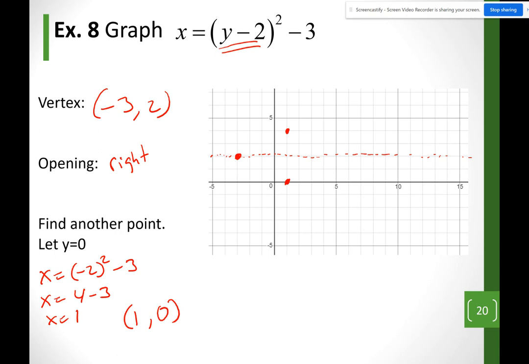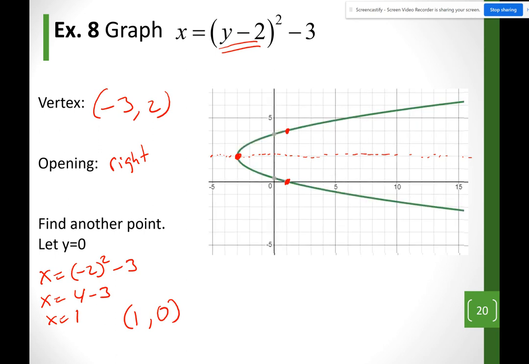I just found that, so I have a very good idea how my graph looks. I'm just going to connect my points. Find your vertex. I had an idea that my graph opened to the right. I found another point. It is on one side of the axis of symmetry, so I just copy it on the other side.